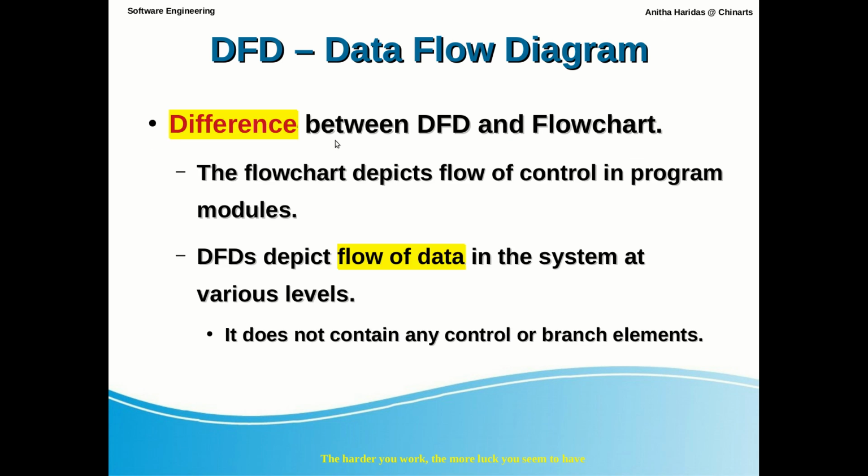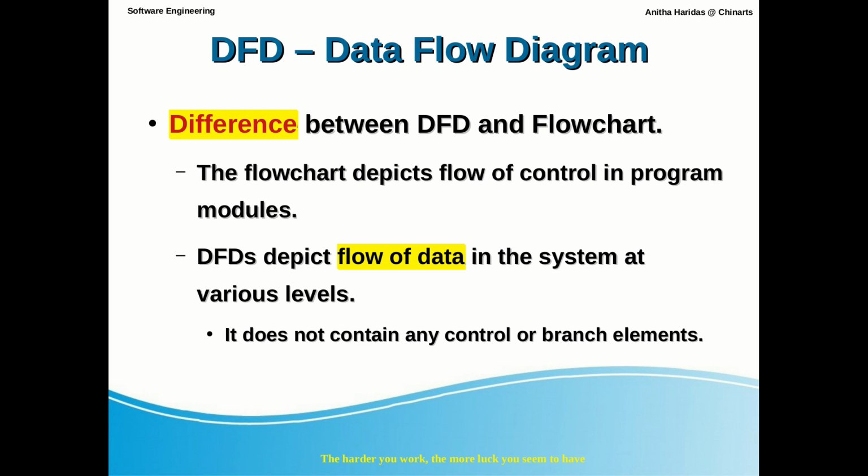We have also seen the difference between a data flow diagram and a flow chart. We are already familiar with flowcharts from programming languages. Before writing a program, we used to draw a flowchart which describes the logical functions of the program.